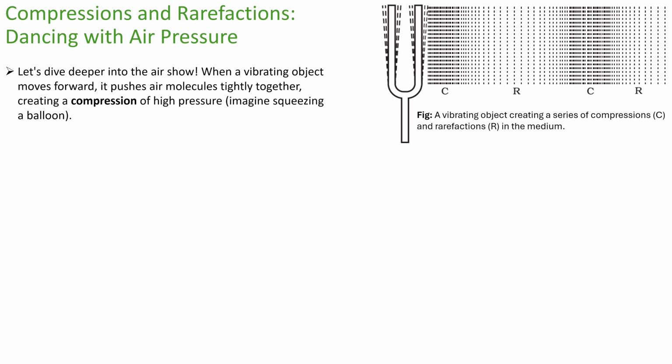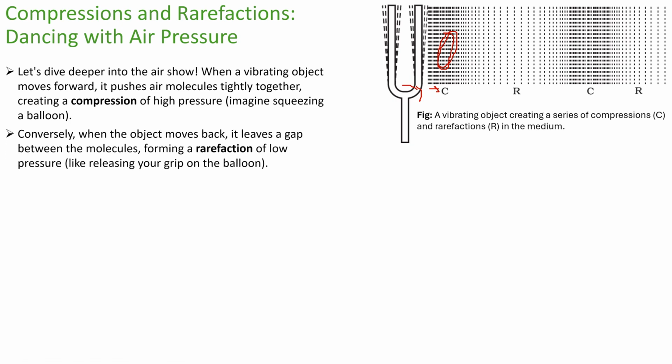From here you see this prong moves to the right side, and these air molecules are pushed towards the right side. It means in this region the density of air molecules is higher, it's a compressed region. The pressure is higher. You can also imagine you're squeezing a balloon.